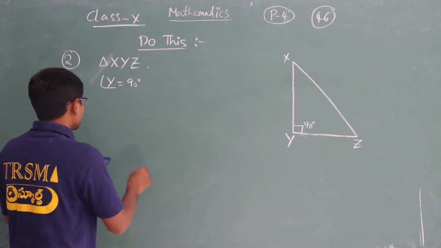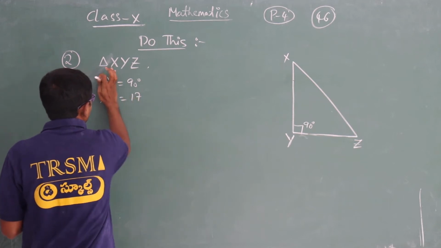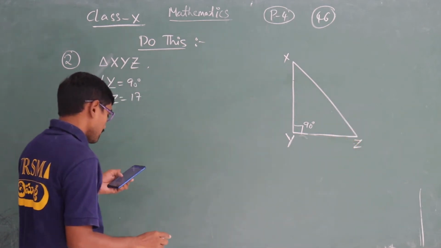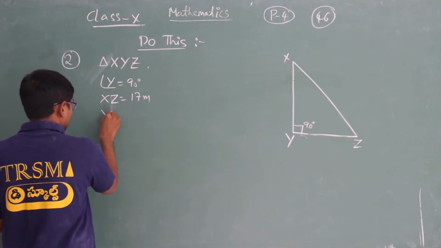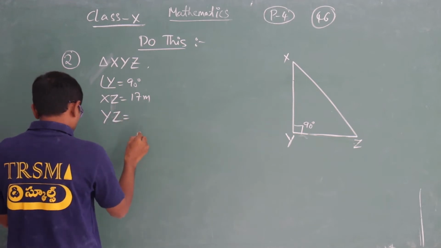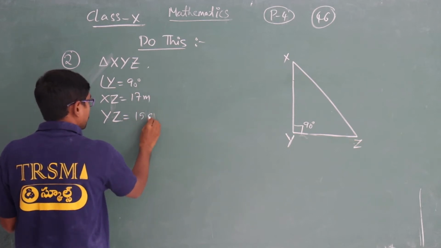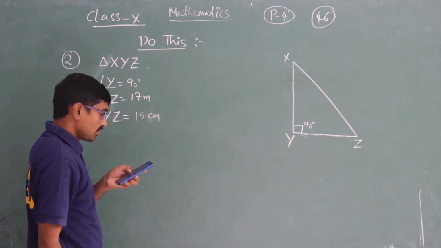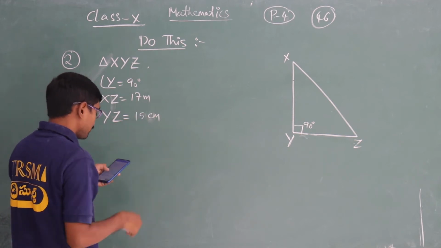XZ is given as 17 meters. Similarly, he had given the YZ value: YZ is equal to 15 centimeters. So he had given angle Y as the right angle, XZ equal to 17 meters and YZ equal to 15 centimeters.